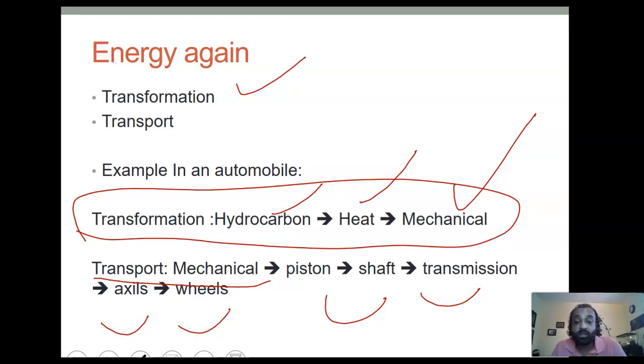It's a different thing. And believe it or not, every time you do a transformation, there are some losses. You are never going to transfer 100% of what you put in. This is the law of nature. There's no 100% transformation. There's always losses. So you're going to lose here, here, and here. When you do a transformation, you lose. When you do transport, you also lose. Of course, you would like to minimize that loss, but there's always some losses.